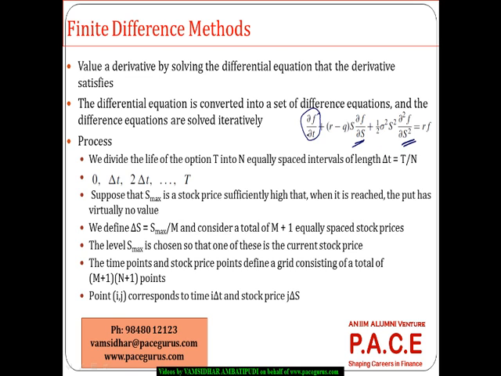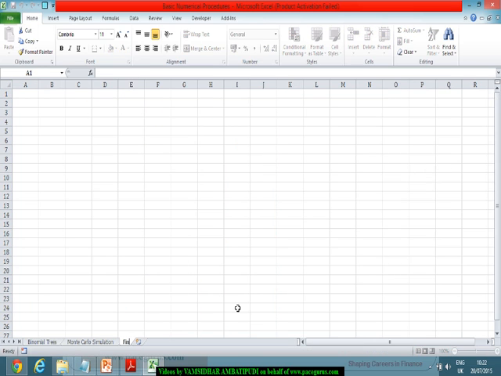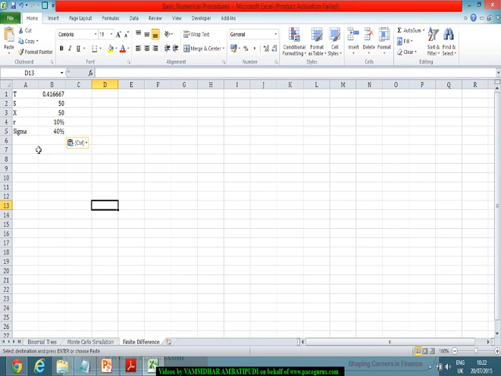Now what is the process? Look at it. We divide the life of the option T into N equally spaced intervals of length delta t. Now let me use this. If I have to talk about the finite difference methods, let me take the same numbers. So here, let's say these are the numbers.